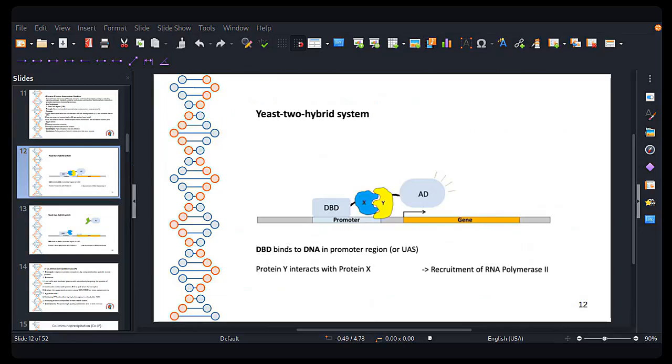Okay, BD binds to DNA in promoter region and protein Y interacts with protein X यहाँ पे. और फिर recruitment of RNA polymerase 2. अंडरस्टूड? इस टेक्निक में क्या होता है? अंडरस्टूड या नॉट? One is bait and one is prey. अगर प्रोटीन इंटरेक्शन होती है तो आगे ट्रांसक्रिप्शन होगी.